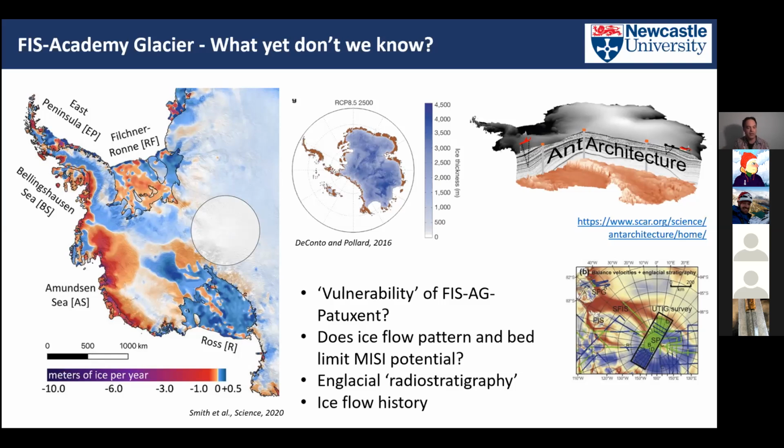And of course, these systems are very different in this catchment in the Weddell Sea sector than maybe parts of Pine Island and Thwaites Glacier, because they do have the large ice shelf in front of them, which creates buttressing. They may not be so vulnerable to marine ice sheet instability as other parts of East Antarctica in particular.